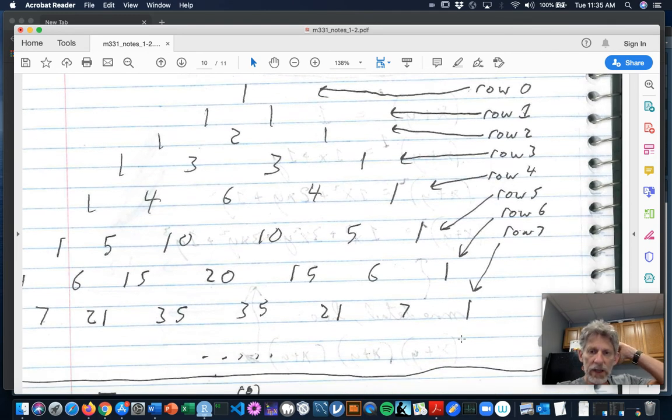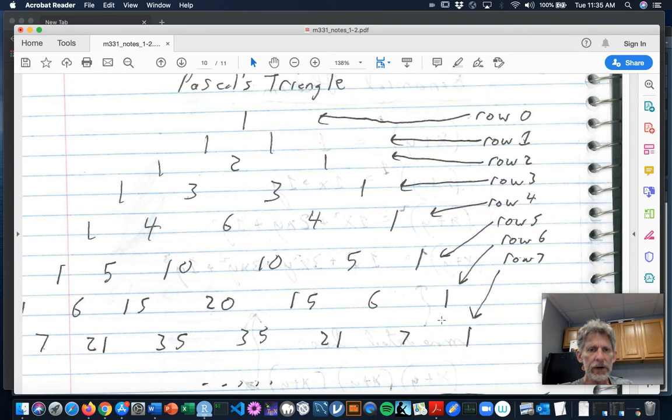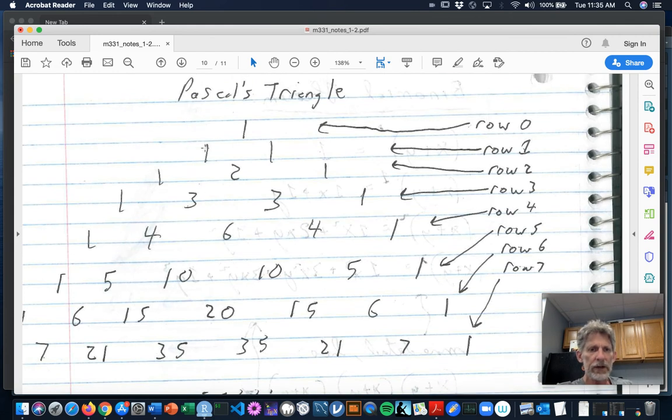You could go on like that, writing rows and rows forever, and you get what's called Pascal's triangle. When you look at Pascal's triangle, there are all kinds of cool patterns. One cool pattern is that when you add up each row, it doubles every time you go down. Row 0, I call it row 0 because it comes from x plus y to the 0th power, is a 1.